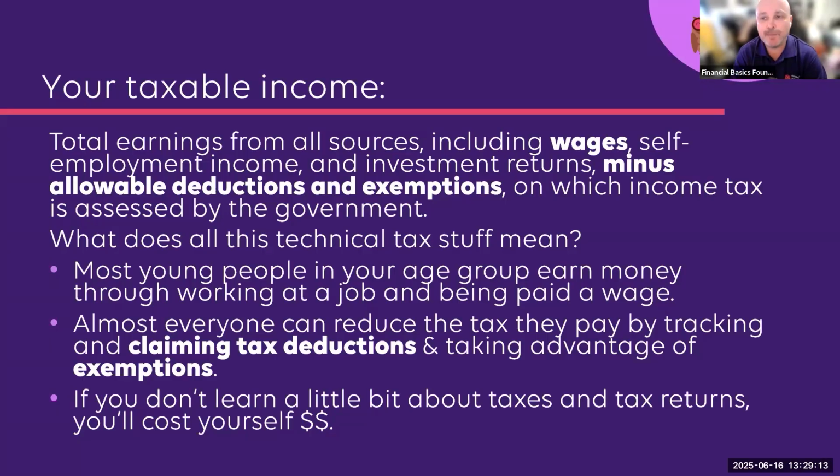One of the best favors you can do yourself in the Australian system is keep track of certain things called tax deductions, which I'll show you. There are really easy ways of doing that. You can take advantage of those and things called exemptions, which is that tax-free threshold that the question is about, and hopefully minimize any wasted money going into potential tax bills or tax deficits that you could accrue.